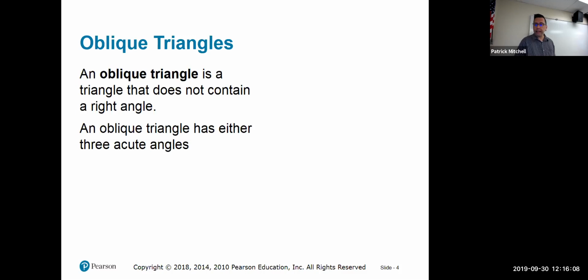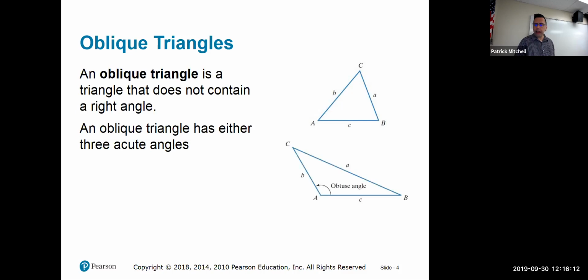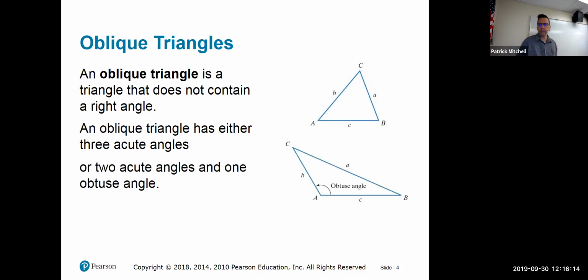Either it has 3 acute angles or it has 1 obtuse angle and 2 acute angles. So these are what oblique triangles look like. And you can use the law of sines or the law of cosines to solve those. Remember, solving a triangle means find all the sides and find all the angles. And of course, some of the sides and or some of the angles will be given.